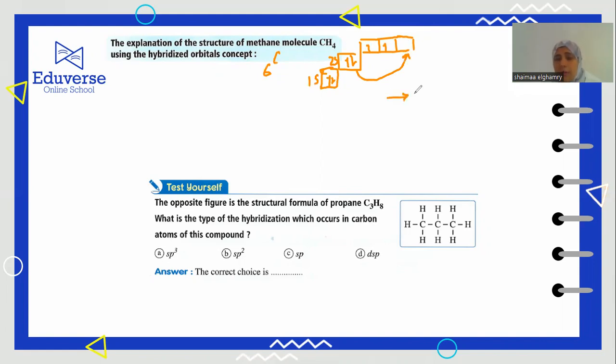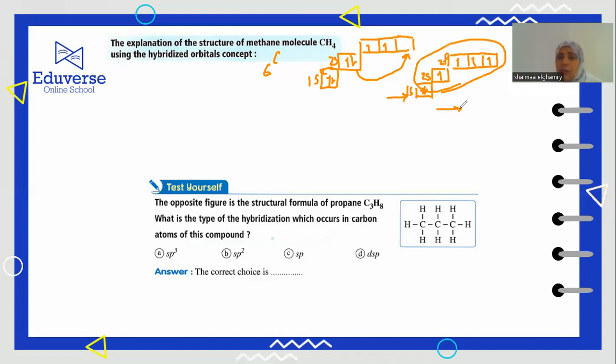So we will have this structure, which is 1s2, 2s after excitation has only 1 electron, and 2p after excitation has 3 electrons. After that, the hybridization process takes place.